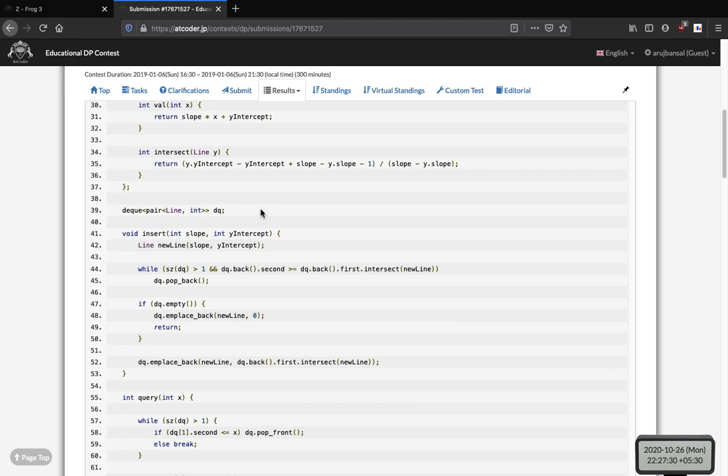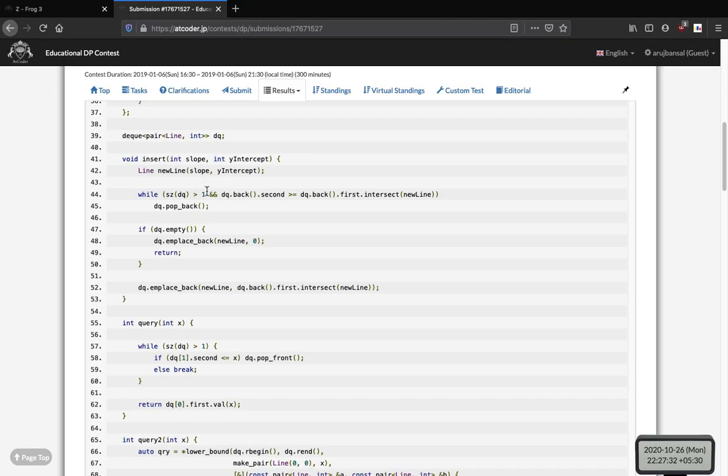We maintain a deque, and this is how we insert lines. So we receive some information, which is the slope and the y-intercept, and we say that while the size of the deque is greater than 1, obviously because we have to compare this new line with the last line in the deque, so we don't want our deque to be empty.